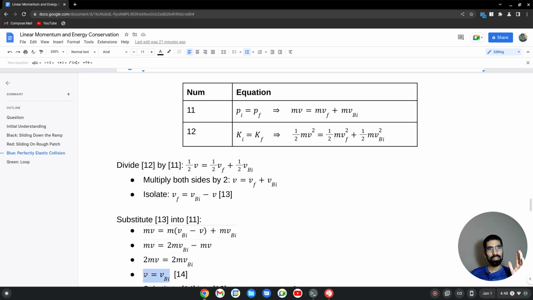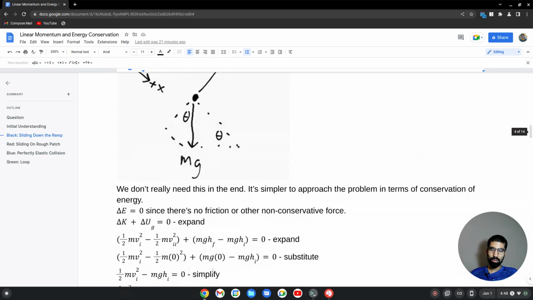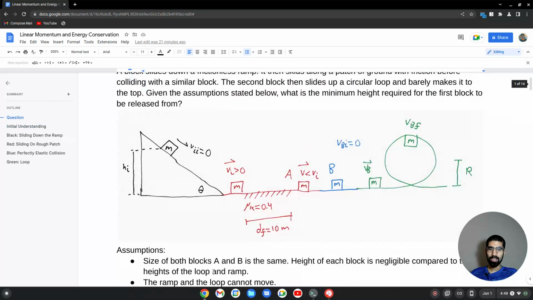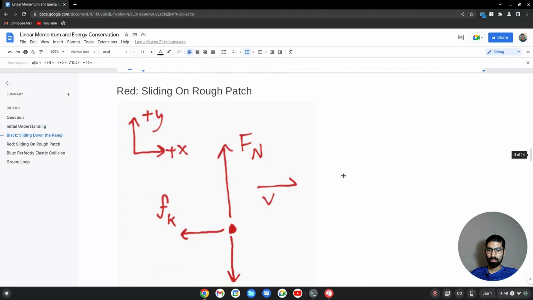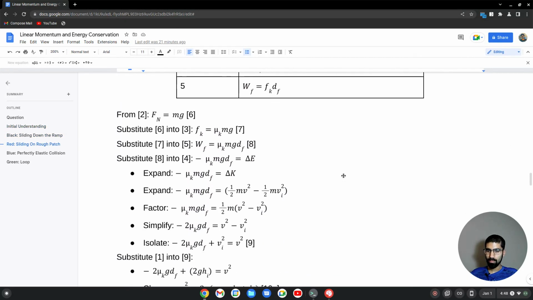Now notice the implication of what this means. Again, don't let the subscripts confuse you. What this is saying is that the initial velocity of A is the same velocity that B has after the collision. That's interesting.